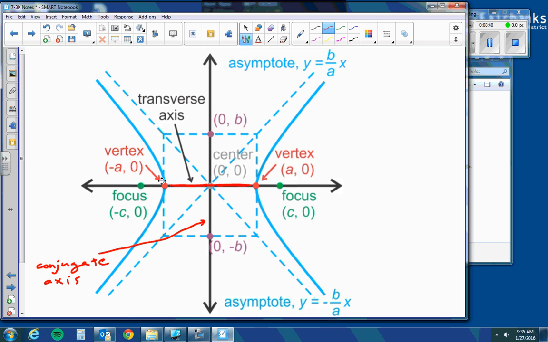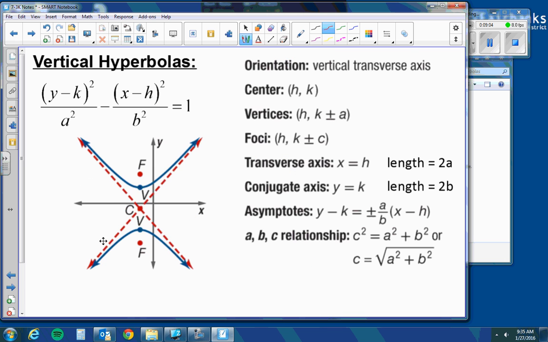So like I said, if you go from vertex to vertex, that's the transverse axis. And by the way, that is 2a in length. Well, your picture is a little different from mine, but still, on the horizontal hyperbola, the transverse axis is the horizontal axis. The conjugate is the vertical on this picture.